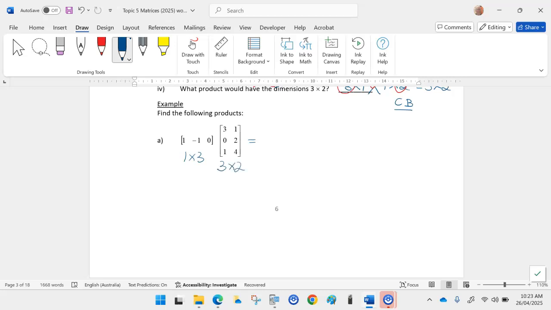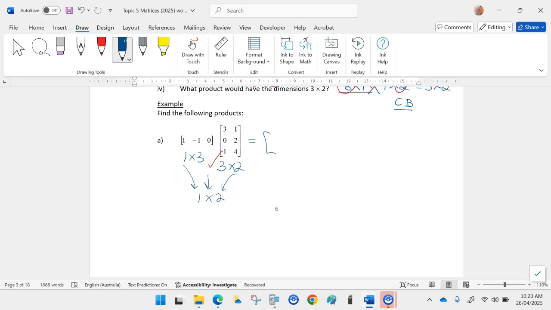Can I find that product? Well, yes, I can. 3 and 3 in the middle, yep, we can find it. And the dimensions of the product when I get it will be 1 by 2.